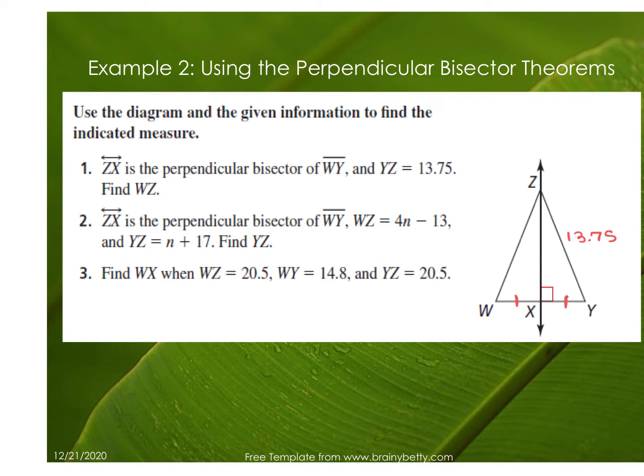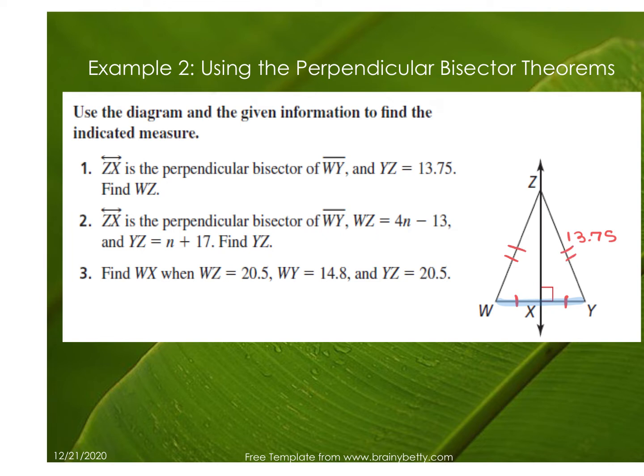Well, since they told me that ZX was the perpendicular bisector, I now know that point Z is equidistant from the endpoints of WY, so that tells me that ZW is going to be congruent to ZY.